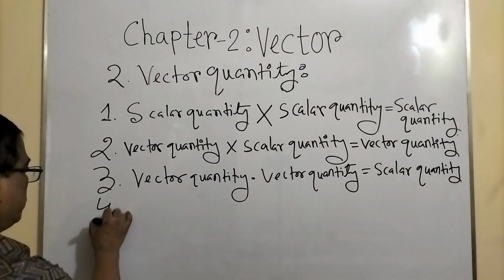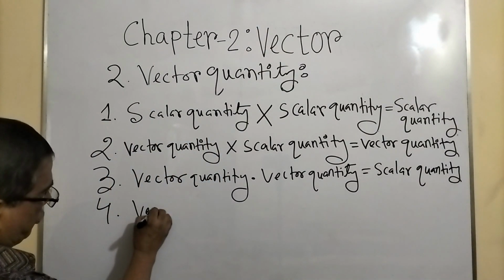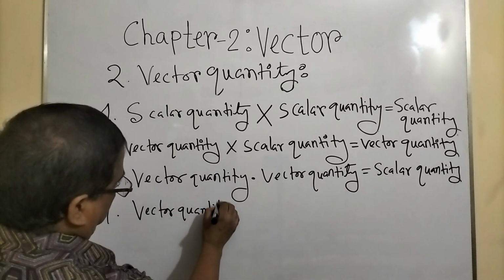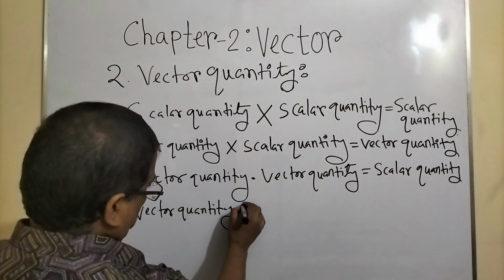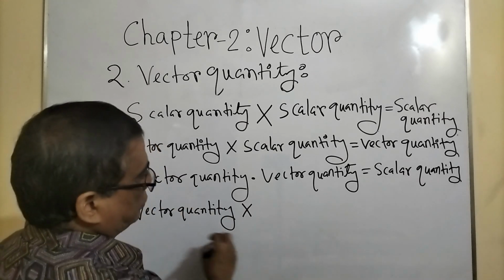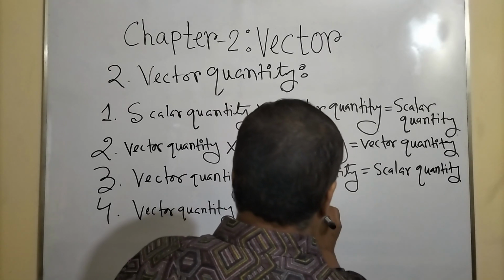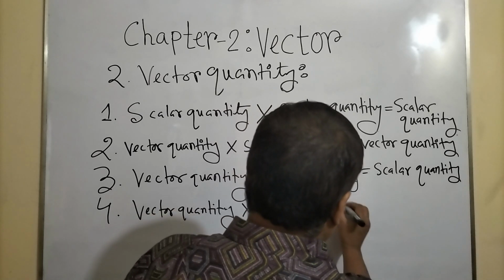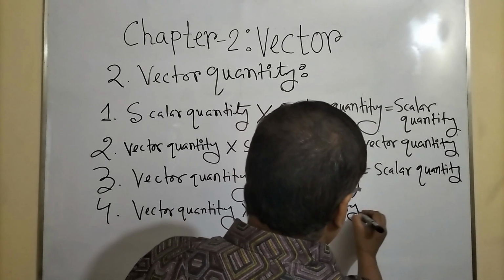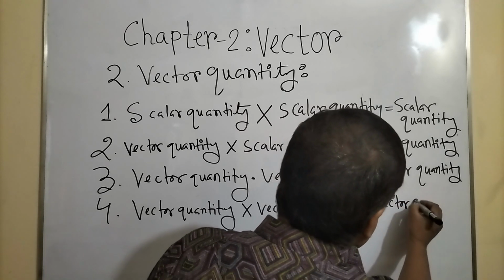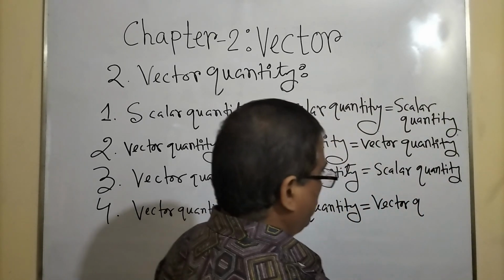Number 4: vector quantity cross multiplication vector quantity equals vector quantity.